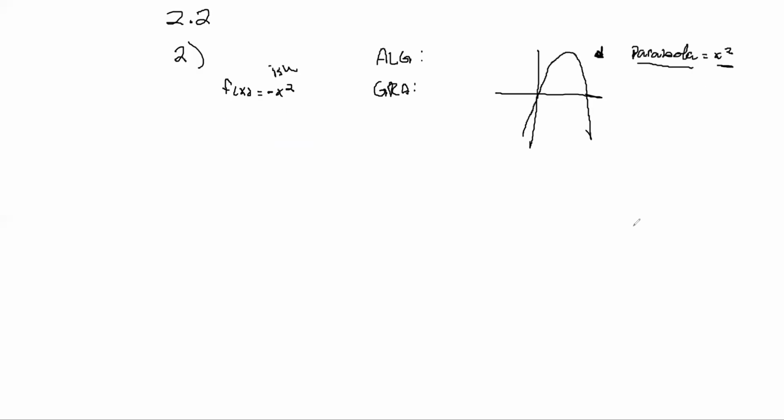It'll change depending on what you're looking at. But if you have a cubic function, it'll look something like that. All of these functions have very specific looks to them.